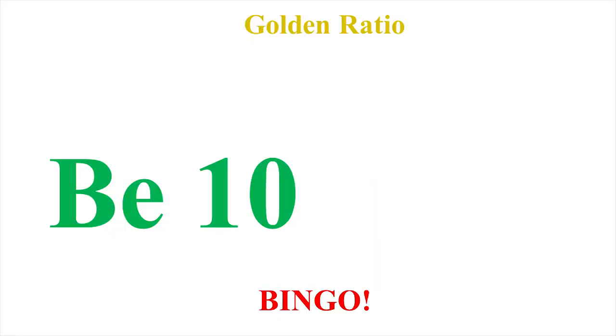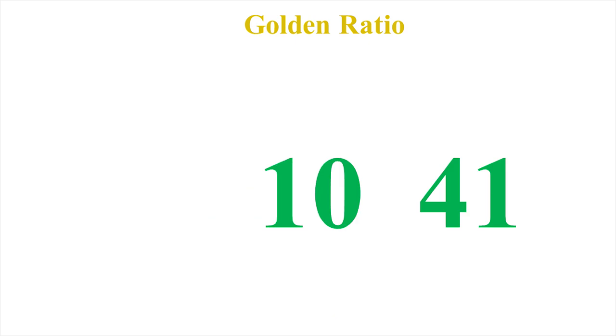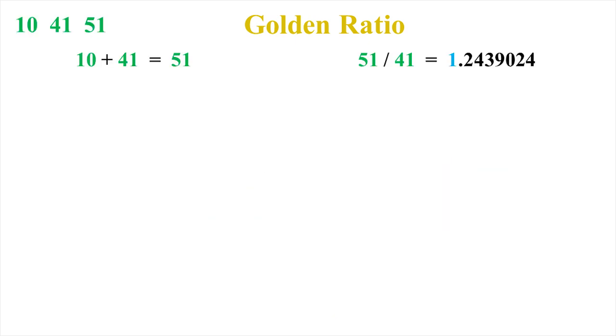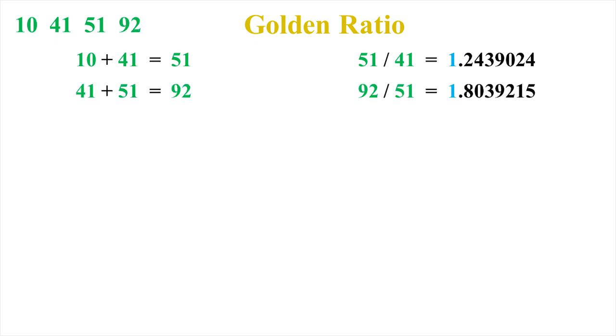Another cool thing about this is it doesn't matter what two numbers you start with, it's going to zero in on phi. Let's just, for example, we'll let the first number be 10. And the second number will be 41. And if you add these together, 10 and 41 is 51, and then 41 and 51 is 92.